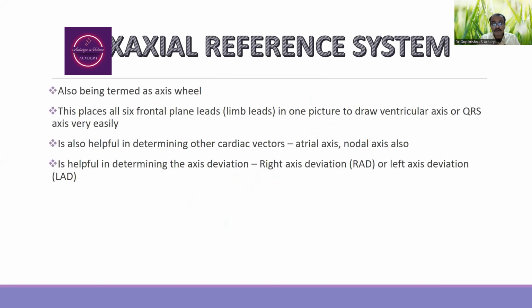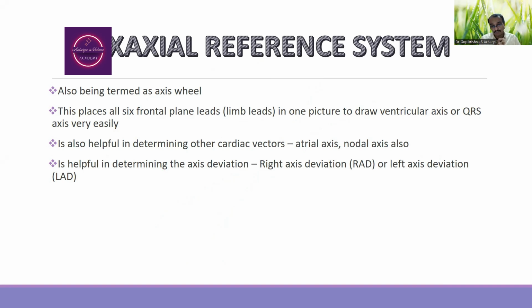As we have discussed earlier, the hexaxial reference system is also termed the axis wheel. This axis wheel places all 6 frontal plane leads, that is the limb leads 1, 2, and 3, AVR, AVL, and AVF, in one picture, so that we can draw the ventricular axis or QRS axis very easily.